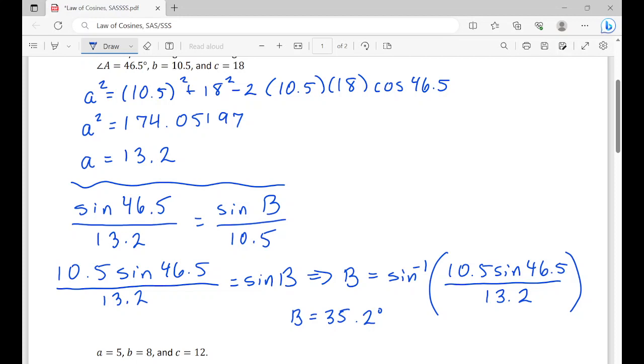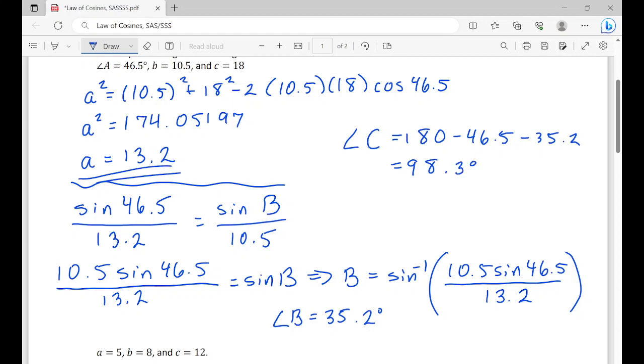And now I can just use this fact here and what A equals to get C. So C is equal to 180 minus 46.5 minus 35.2. So angle C is going to give me 98.3 degrees.